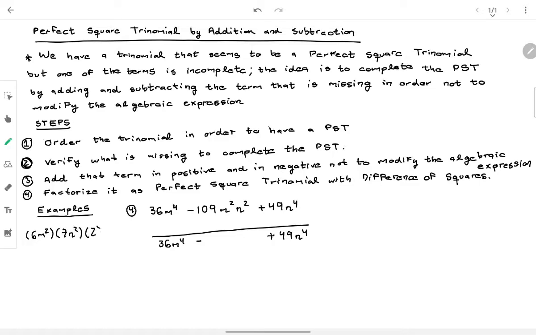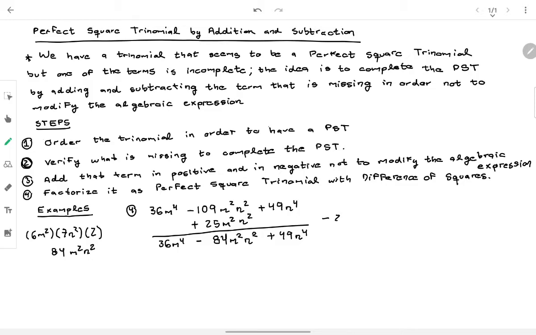That multiplies times 2. So in this case, it's going to be 7 times 6, it's 42, times 2, it's 84. M squared n squared. So in that case, I need here to be 84 m squared n squared. So let's see. From 109 negative to get minus 84, I need to add 25 m squared n squared.